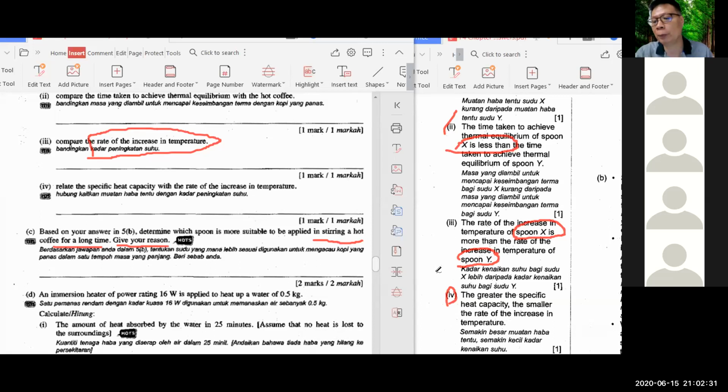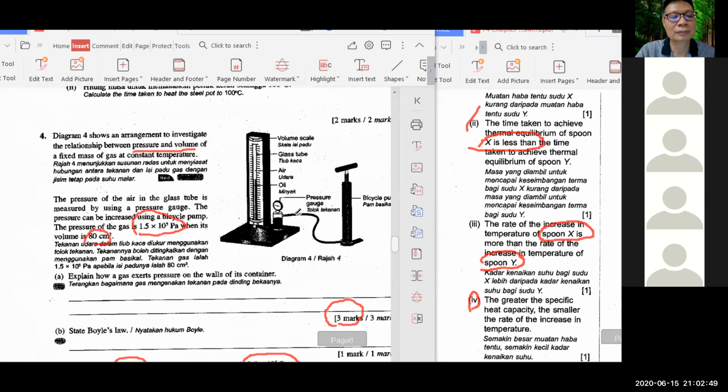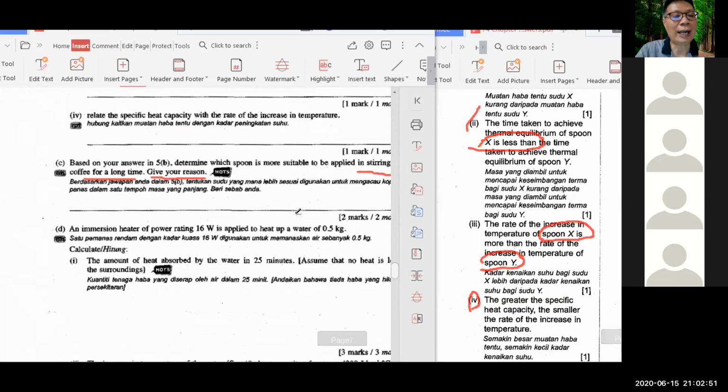In your opinion, McNish, which one are you going to choose? Do you choose X or Y?